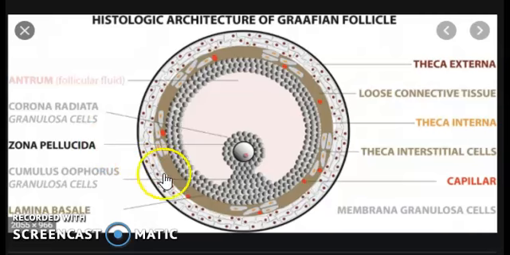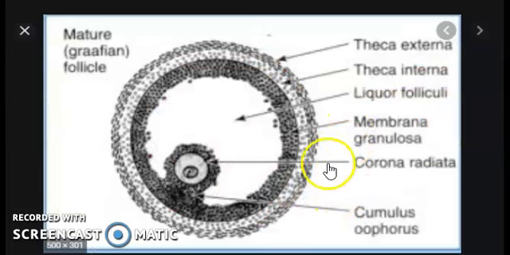Cumulus is a term used for the oocyte and its surrounding granulosa cells. A fluid cavity called the antrum lies between the oocyte and the membrana granulosa cells. It is filled with a fluid called the liquor folliculi. In this diagram, we can easily observe the liquor folliculi.